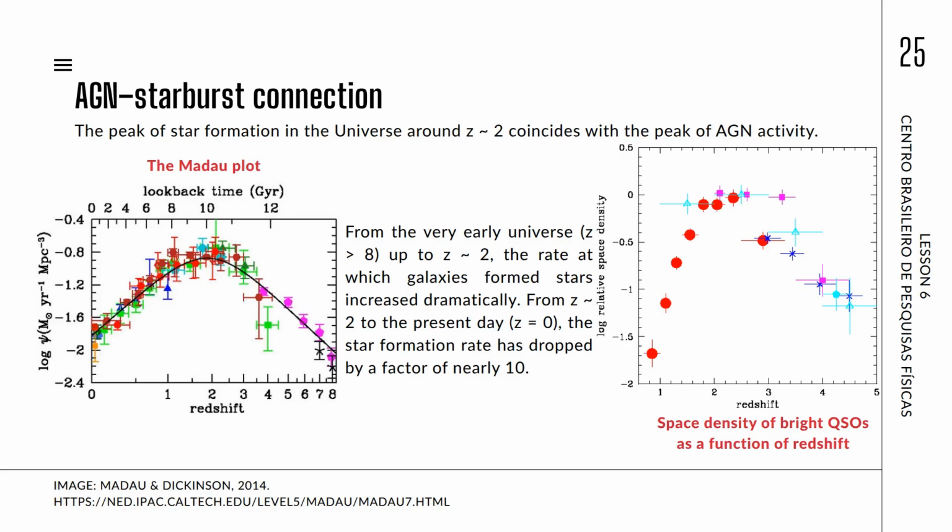So we have this correlation. This is the Madau plot. This is a very important one in AGN physics.